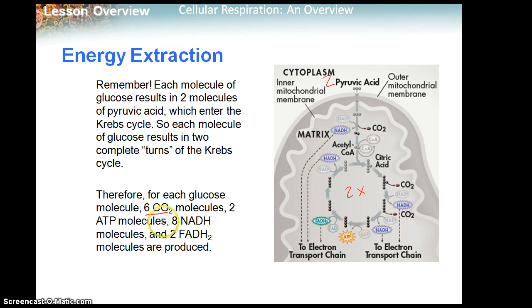We're going to get 2 ATP molecules. And what's most important in the cycle is that we're making a total of 8 NADHs and 2 FADH2s. These are 10 electron carriers that we're going to use to make a lot of ATP in the electron transport chain.